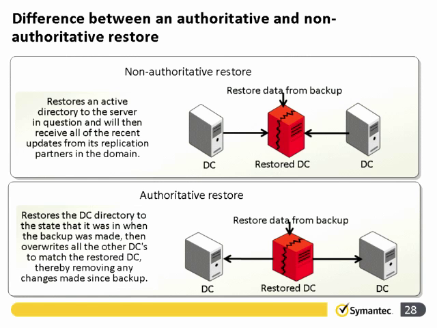There are two types of Active Directory restores. A non-authoritative restore says that I am restoring my domain controller, but I'm not restoring Active Directory. And I will let Active Directory replicate back in from other related servers.